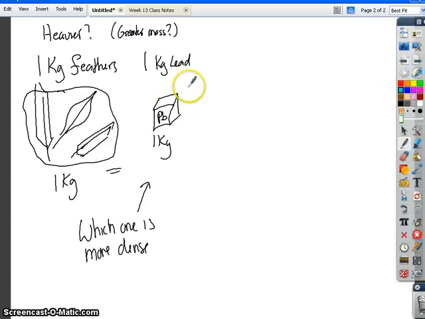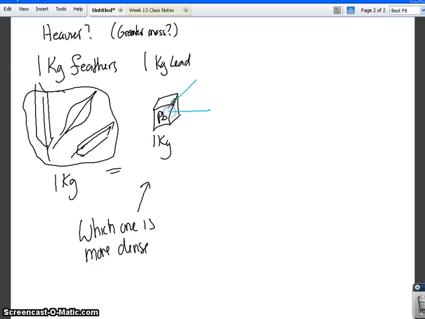If we were able to zoom in on a piece of lead right here, and we blew it up, and we're looking at the molecular level, these little molecules of lead that are all connected together are very, very close together. These are all lead molecules.